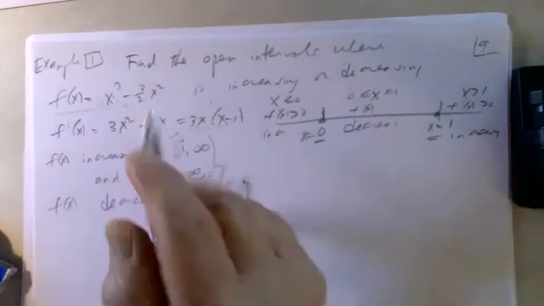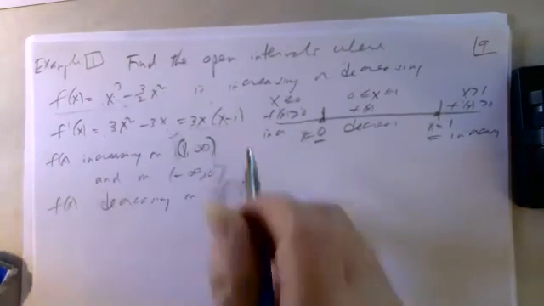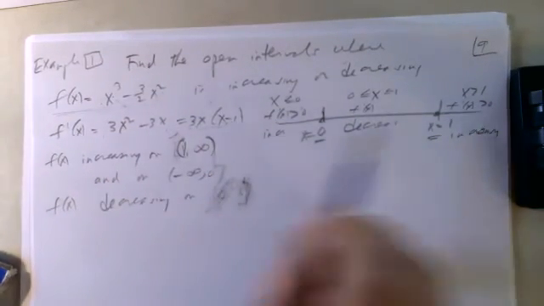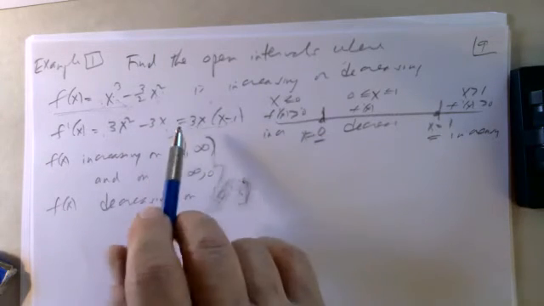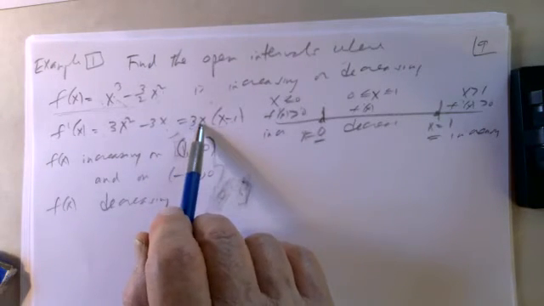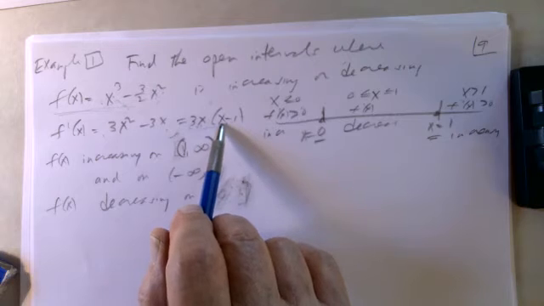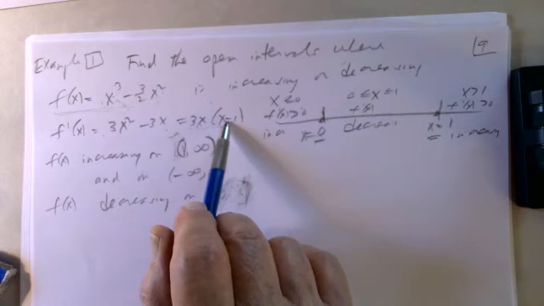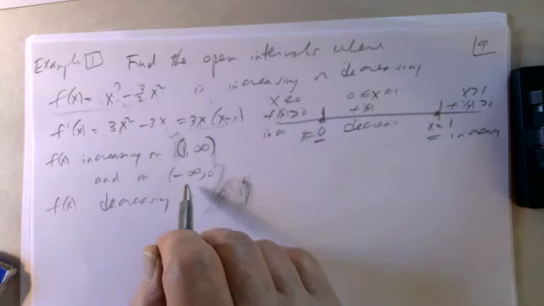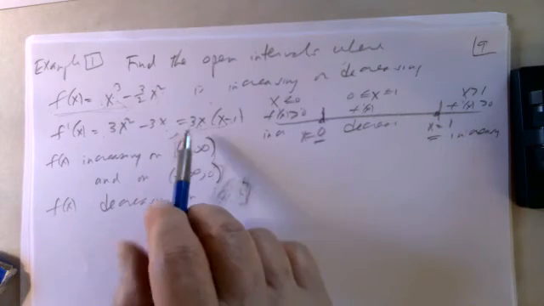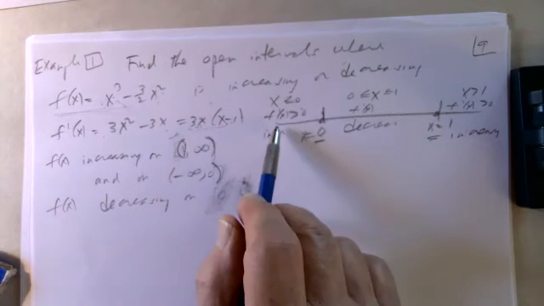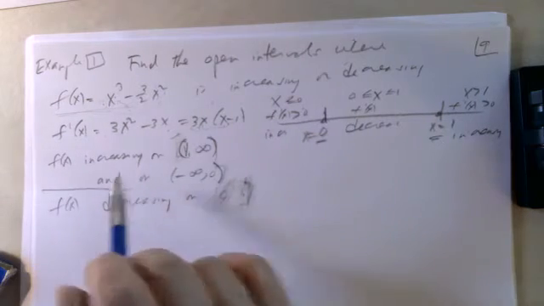When x is bigger than 1, the derivative is positive, the function is increasing. When x is negative, less than 0, x is negative, x minus 1 is even more negative. Negative times negative is positive. So when x is less than 0, that means on the open interval from minus infinity to 0, the derivative is also positive, so the function is increasing.